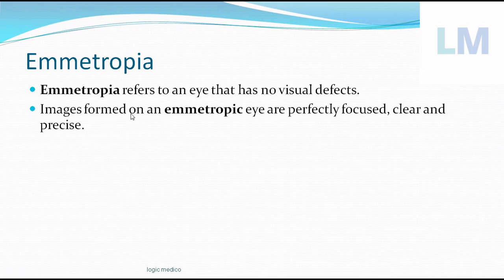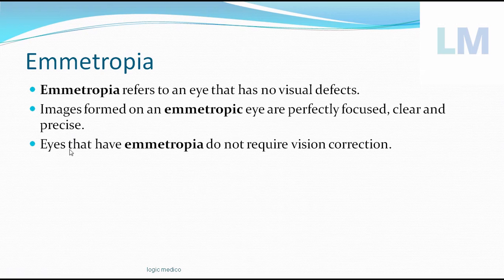So what is emmetropia? A person who has normal vision with no visual defects is referred to as emmetropia. Images are formed on the retina in emmetropia. They are focused, clear and precise images. The eyes that have emmetropia do not require any vision correction.